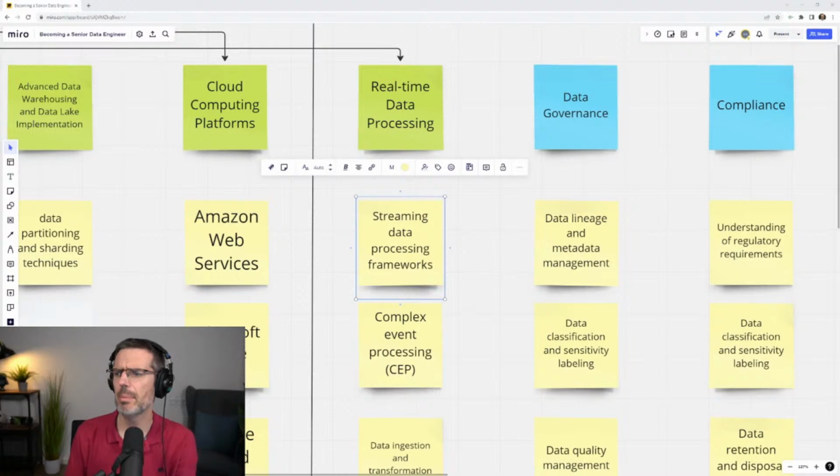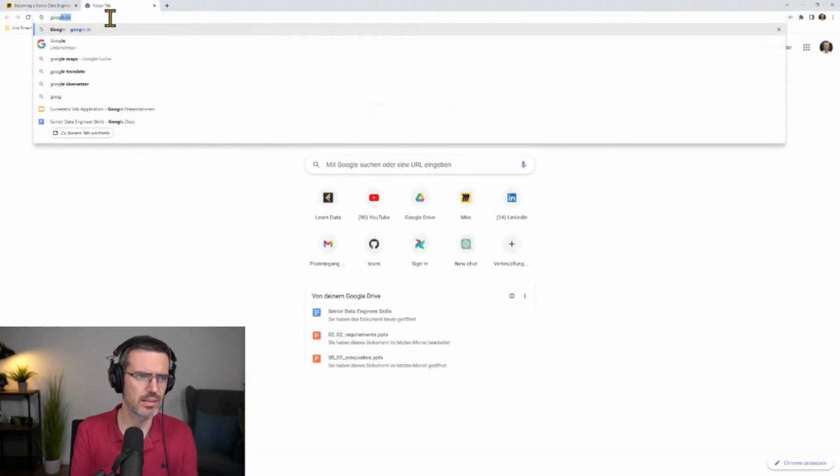Super cool. Apache Storm says it here, and for me, Apache Storm is not relevant anymore. A few years ago I was looking into Storm, but Storm never picked up. The two today are Flink and Spark, where I've never really gotten into Flink, because, let's have a quick look at Google Trends.